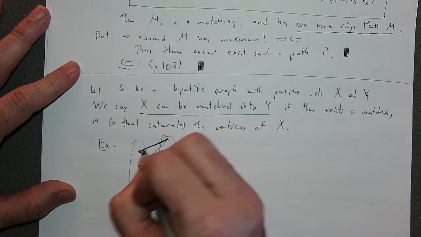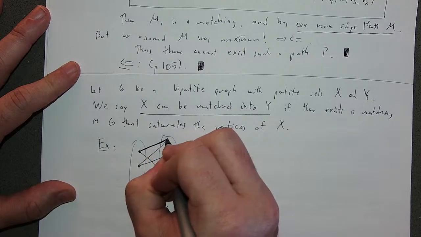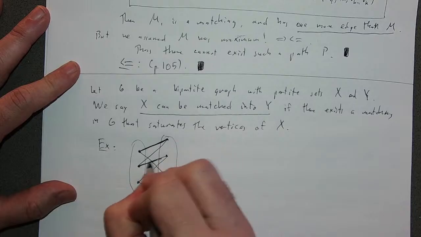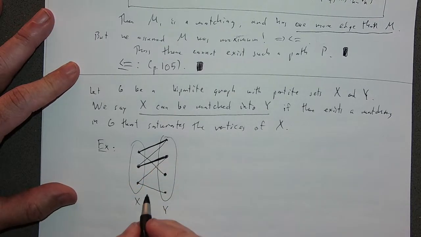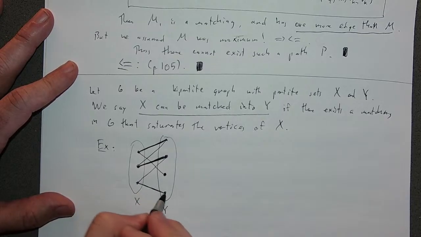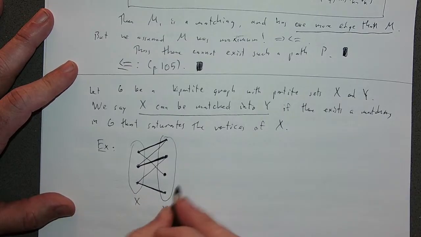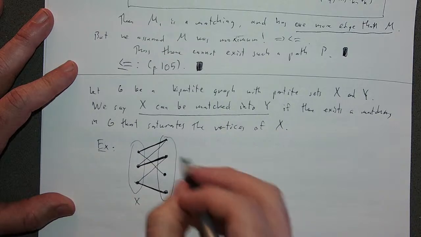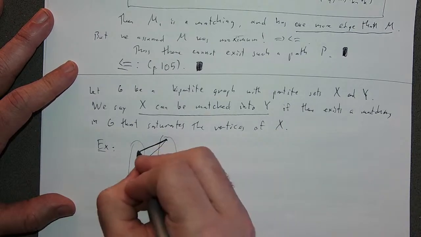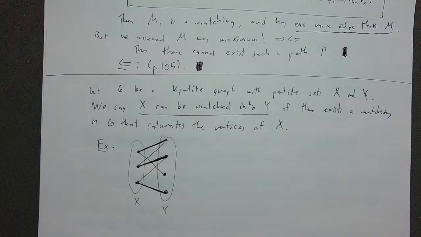So what if I include this edge and this edge and this edge? Those three edges saturate the vertices of X, and they are a matching in this graph.